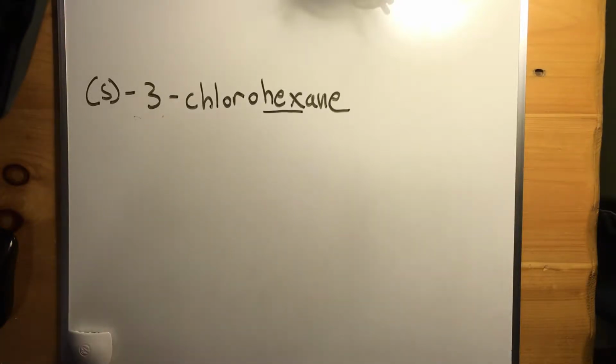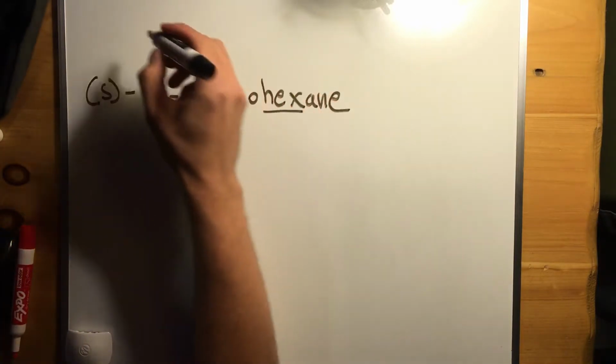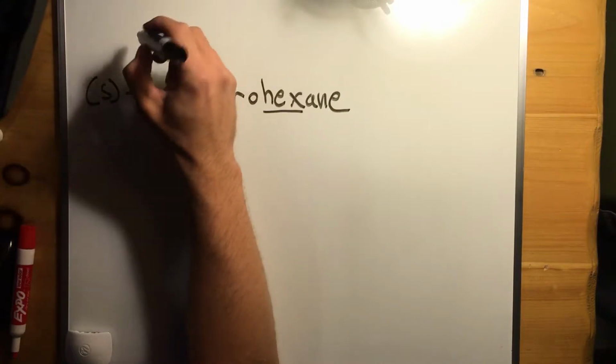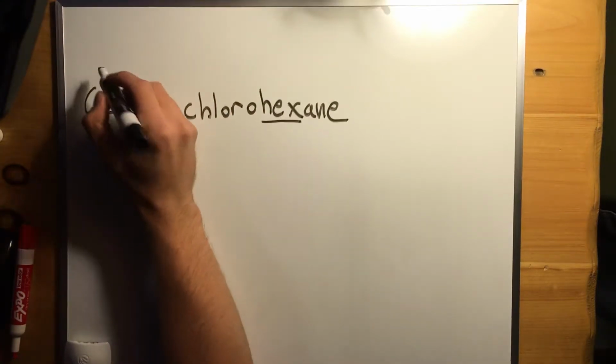So let's go over a stereochemistry problem with R and S. R and S are two abbreviations to review the orientation of the molecule, what stereoisomer it is.